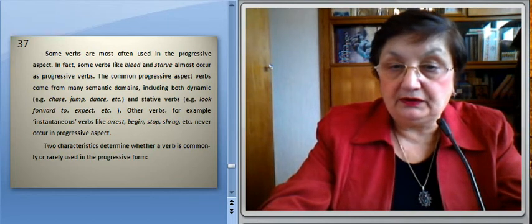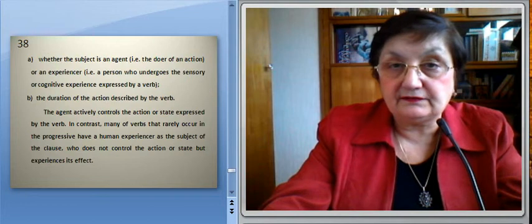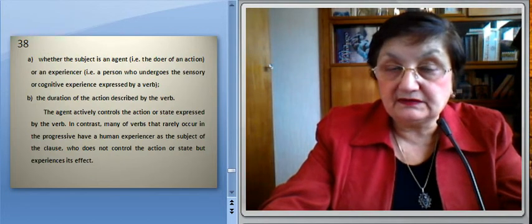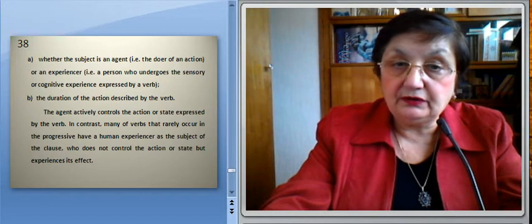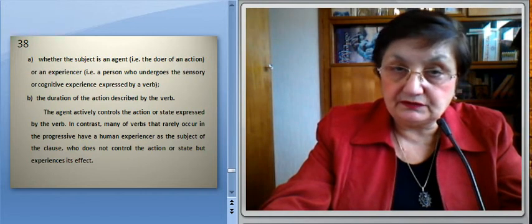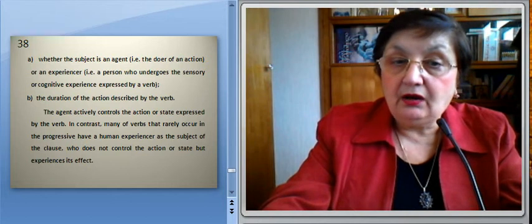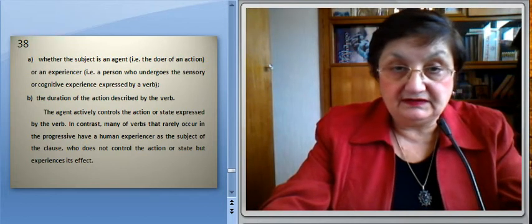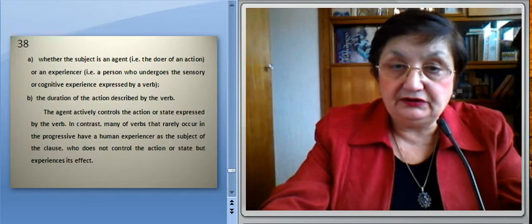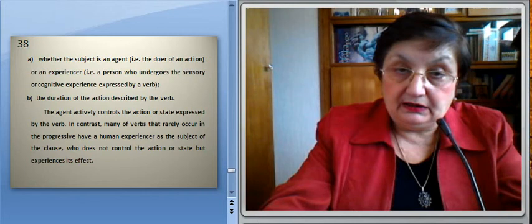And the second parameter is the duration of the action described by the verb. The agent actively controls the action or state expressed by the verb. In contrast, many verbs that rarely occur in the progressive have a human experiencer as the subject of the clause, who does not control a situation or state but experiences its effect.